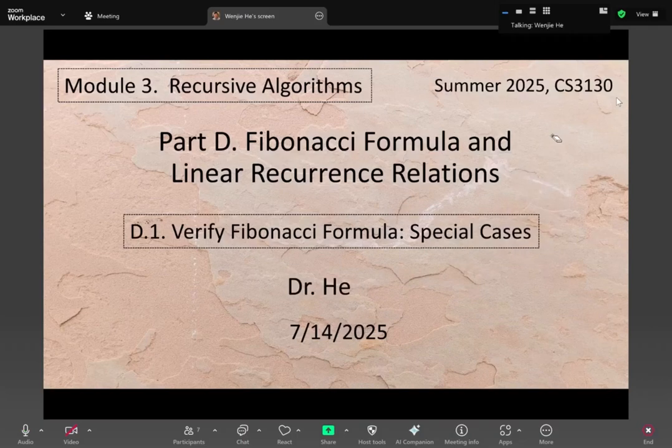There are two topics in Part D. The first topic is the Fibonacci formula. The second one is linear recurrence relations. These two topics correspond to two solutions. In the first, the Fibonacci formula topic, we need to do verification, because we're given the formula, we only need to verify. In the second method, we assume the formula is unknown, so we need to discover and calculate it.